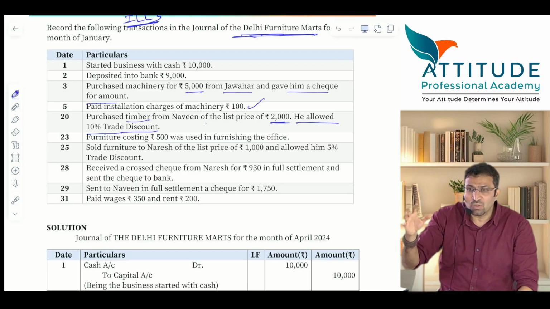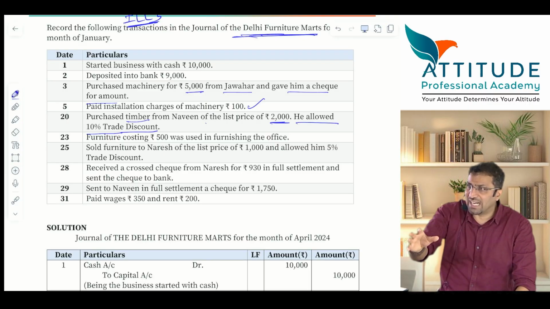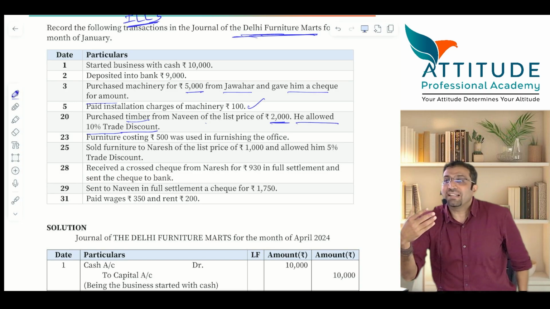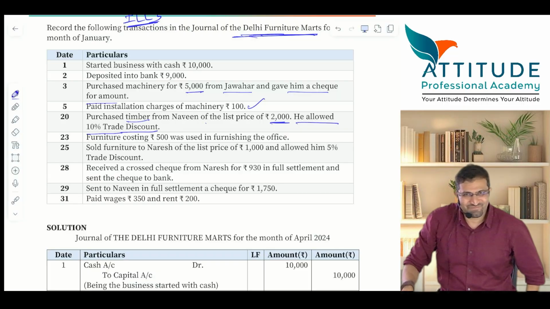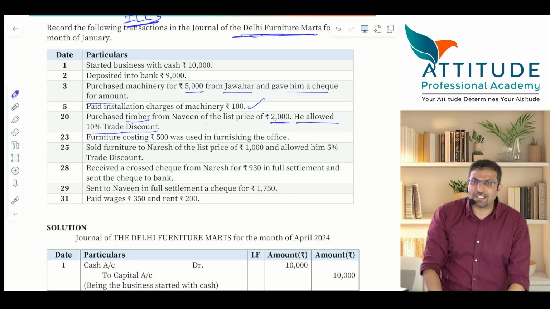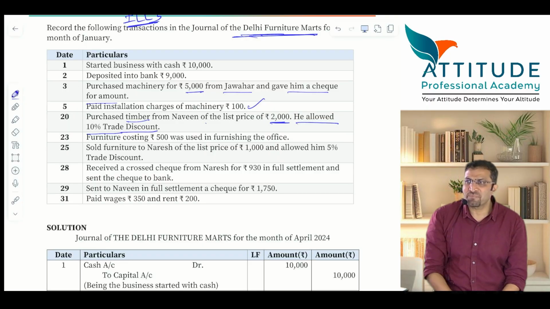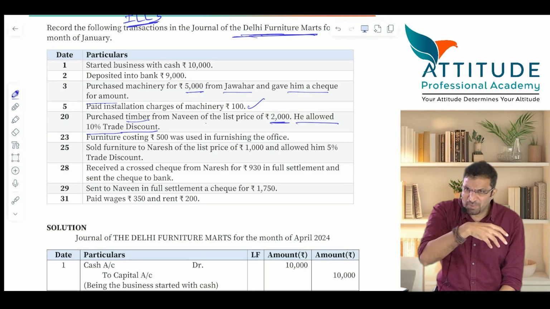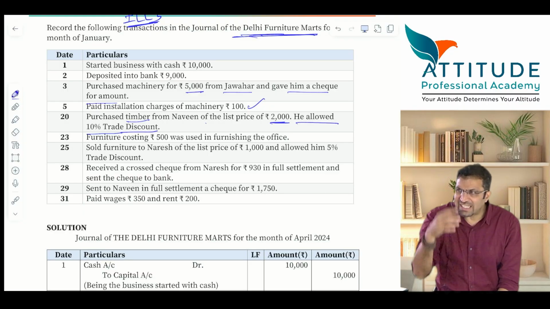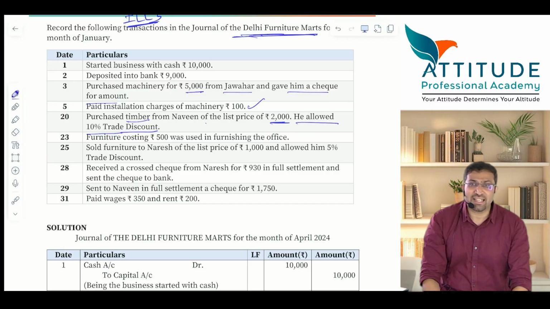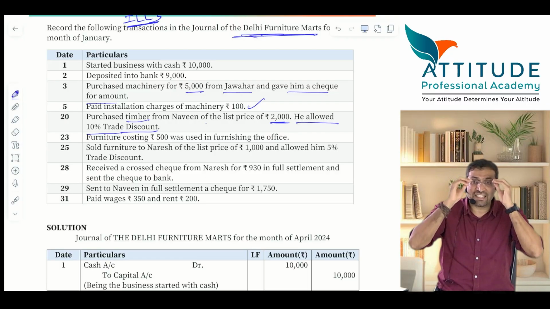And this quantity discount is nothing but trade discount, to maintain proper relationship. Now, take the example of DMart. You feel that DMart is purchasing the goods from any wholesaler or directly from the manufacturer? They have the capacity. Of course, not all the items, but at least some of the items he directly takes from the manufacturer.